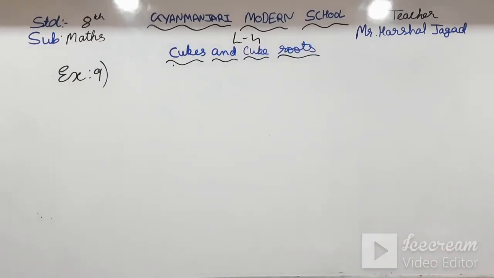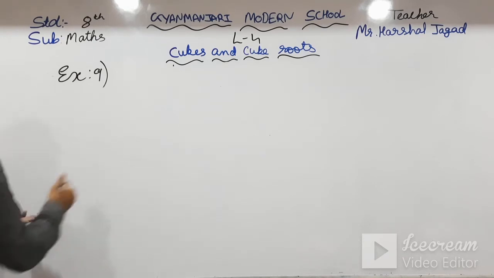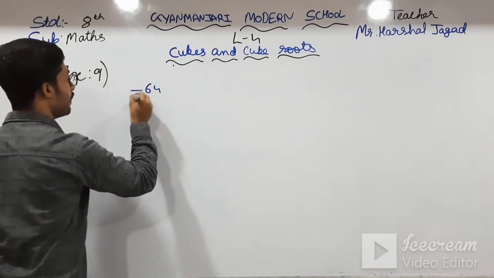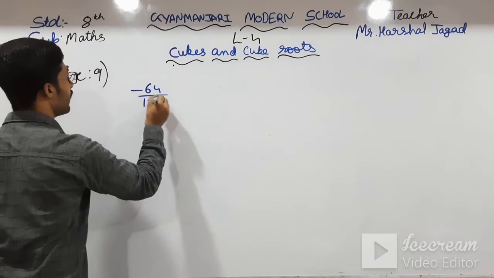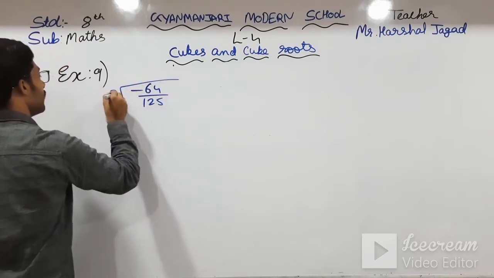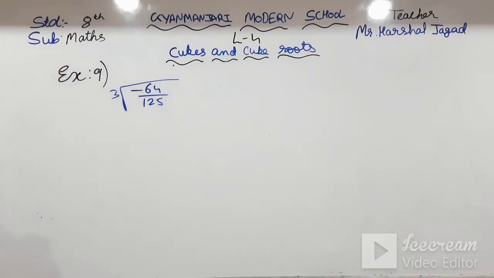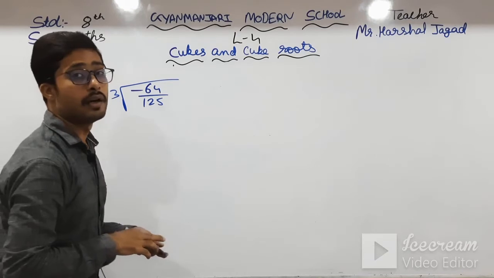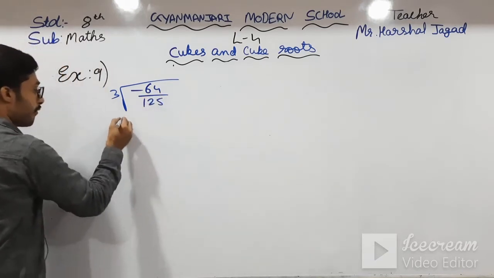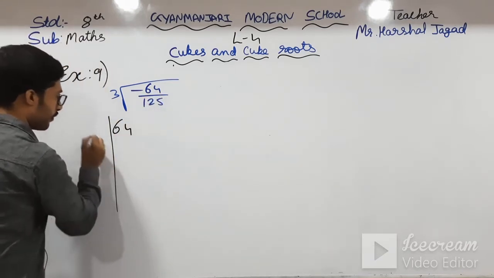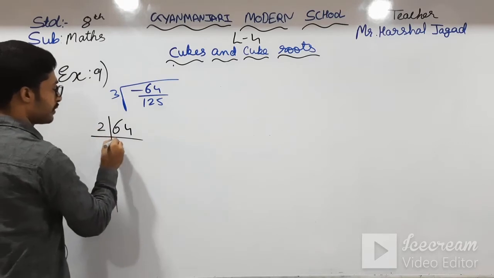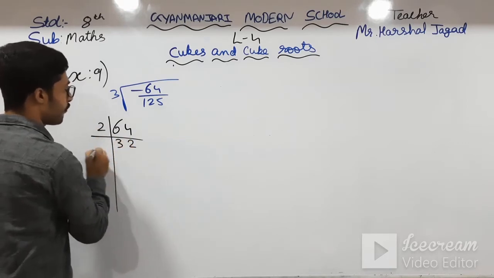D is minus 64 by 125. So what we will do is, first of all, we will take the factors of 64. 64, that is 2 3s are 6, 2 2s are 4.